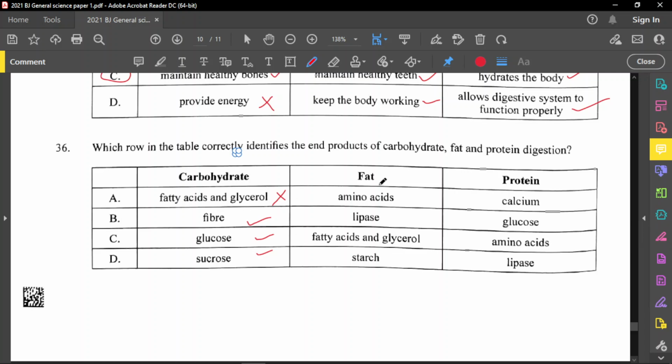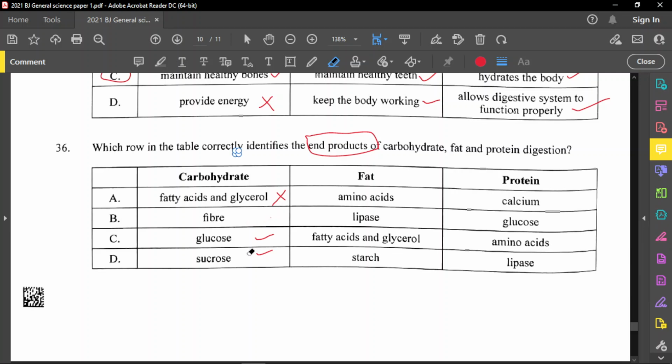All right, fiber is a complex one. And then let's go to fats. Oh, as a matter of fact, I was doing something wrong. I go back to this question. We're looking for the end product. I'm going to make a correction here. The end product is actually glucose alone. The other two are types of carbohydrate.